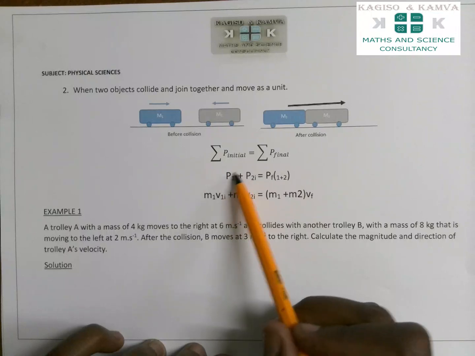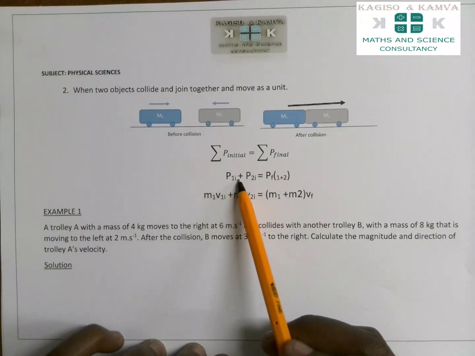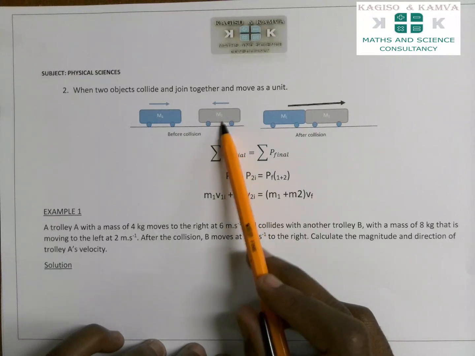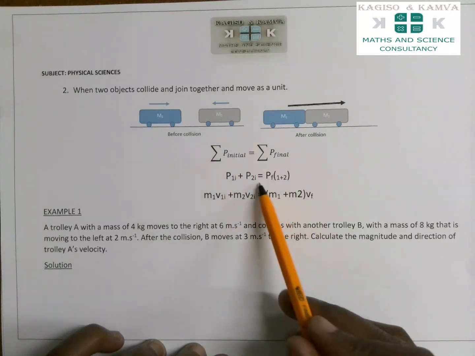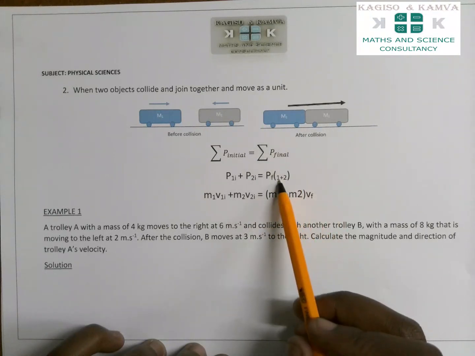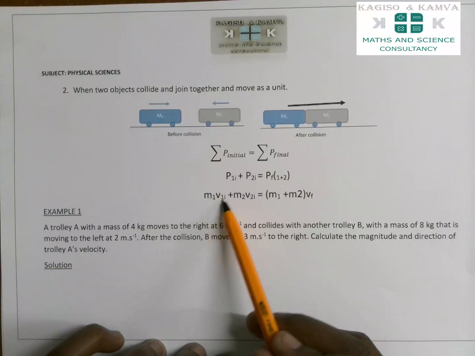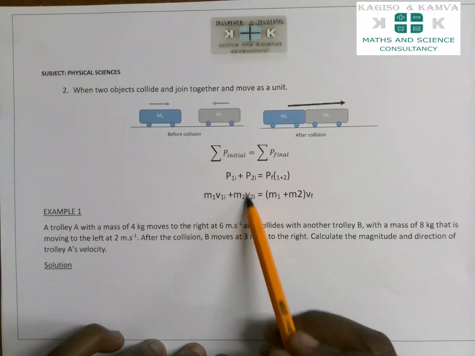That will be your momentum of object 1 initial plus momentum of object 2 initial is equal to the momentum of these two combined. Okay, so that will be your m1 v1 initial plus m2 v2 initial.